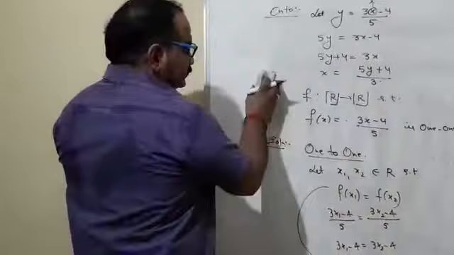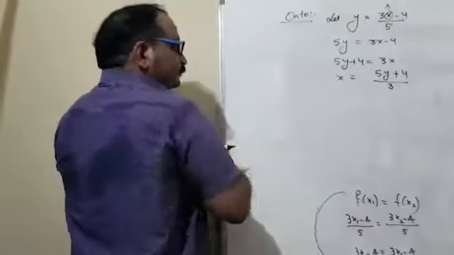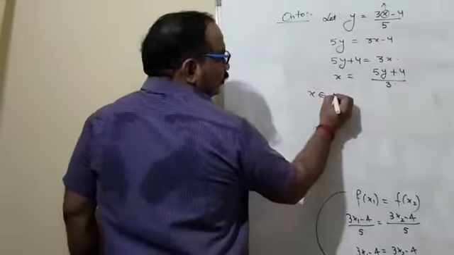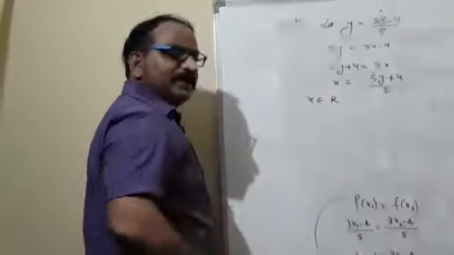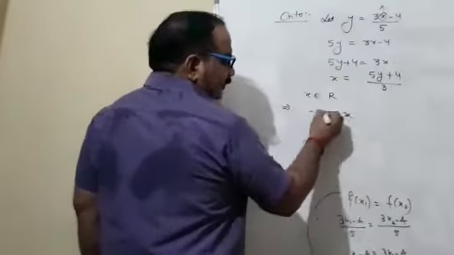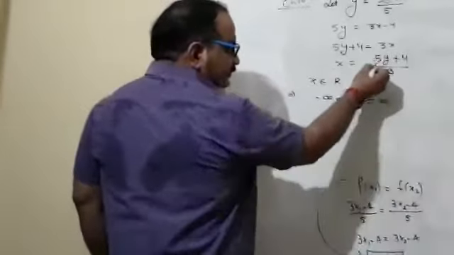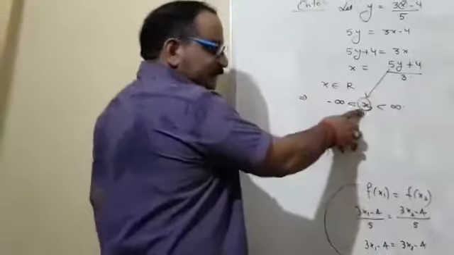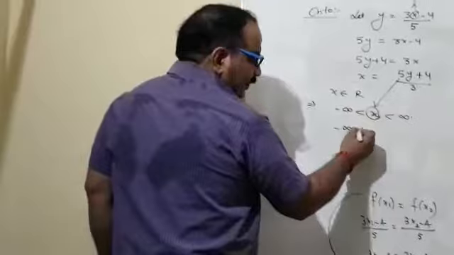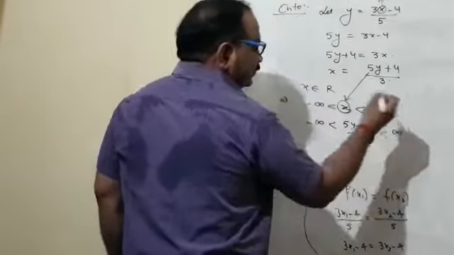This is the value of x, and this x comes from the domain side. So this x should belong to the domain, and the domain is the real numbers. Again I am writing x as a real number, that is minus infinity less than x less than infinity. So I place the value of x here in place of x: minus infinity less than (5y plus 4) by 3 less than infinity.